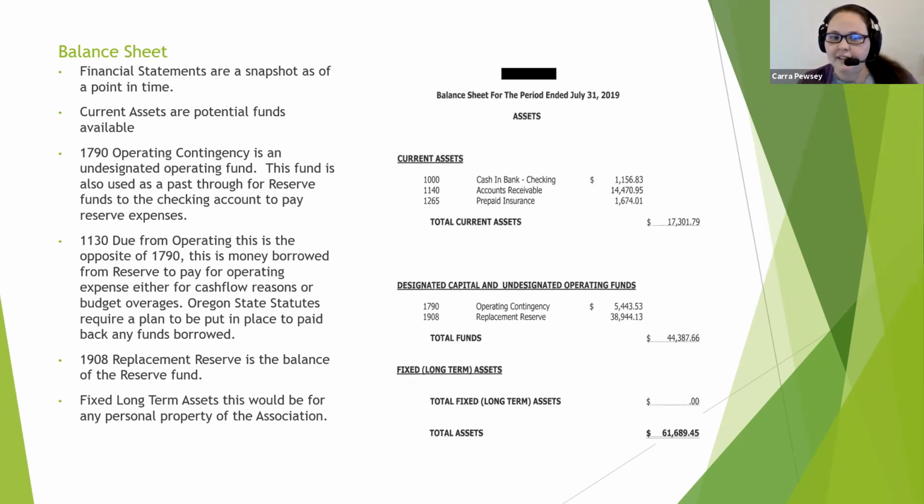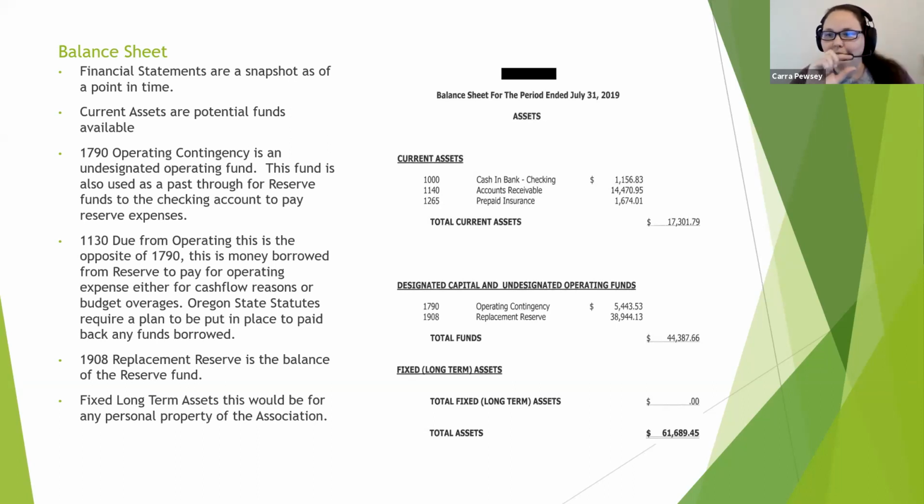Fixed long-term assets. Most people will see that this is blank. Most associations don't typically have long-term assets, but the most common long-term asset would be personal property. This would be something like gym equipment, a vehicle, if the association had a vehicle, and items like that, where there's a value to them that you could sell, and that makes it an asset of the association.